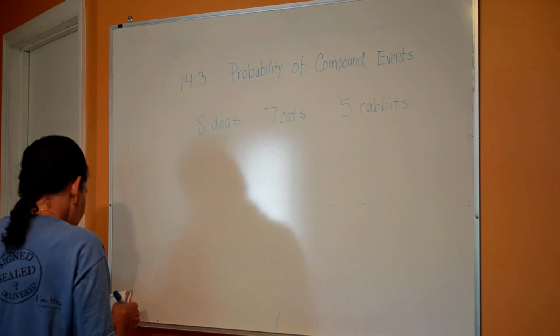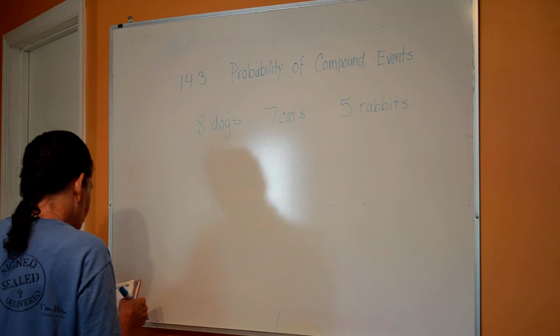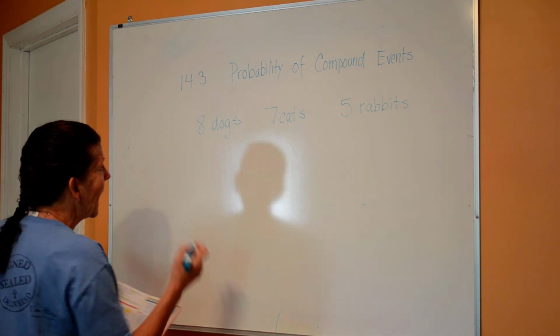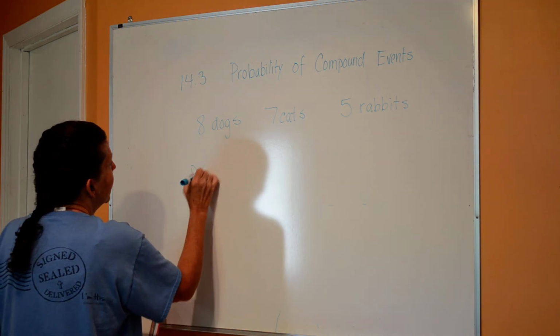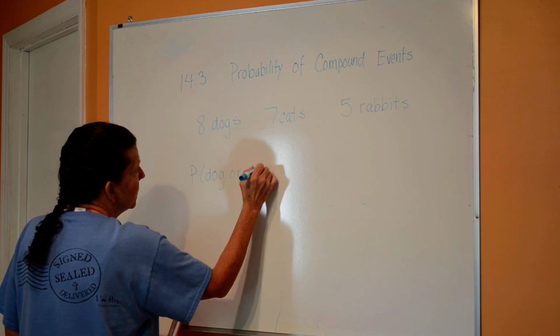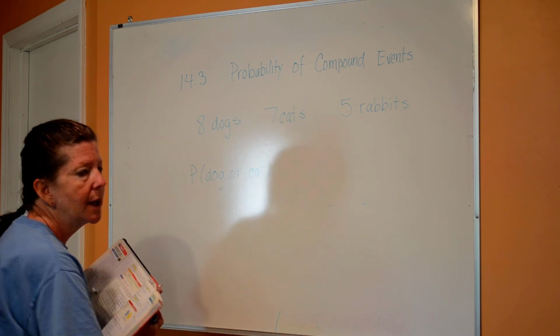Okay, if Alfred randomly picks an animal to adopt, what is the probability that that animal would be a dog or a cat? Okay, probability of a dog or a cat. He's only choosing one animal, but I don't care which one it is.